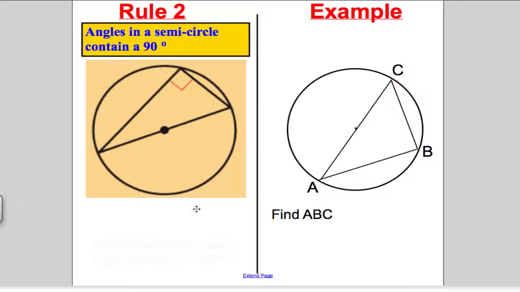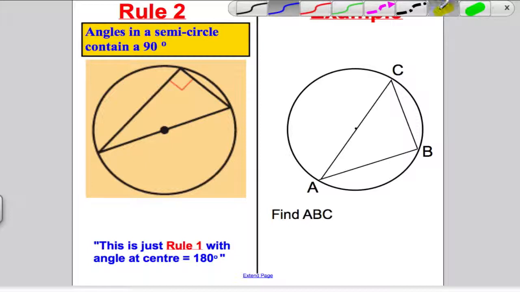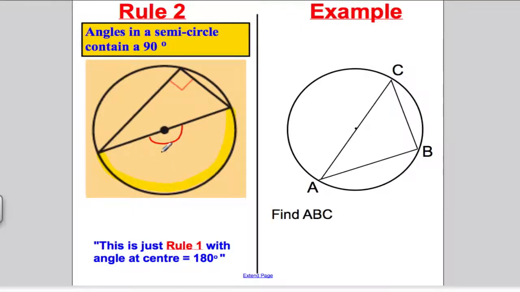Now, this actually is just rule 1 again, because remember we said in rule 1, if you take an arc and you look at the angle at the centre, here it's a straight line, so it's 180 degrees. Angle at centre, double angle at edge, therefore this angle here must be 90, which is half of that. So really this is just a special case of rule 1, but it's one you've got to quote in the exam. Easy way of writing it: angles in the semicircle contain a 90-degree at the circumference.